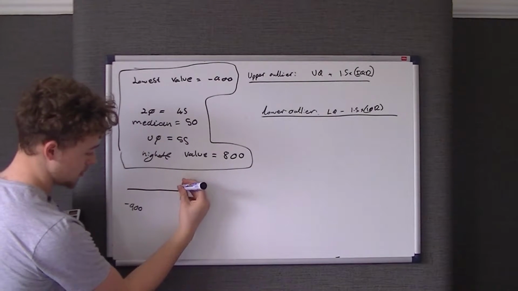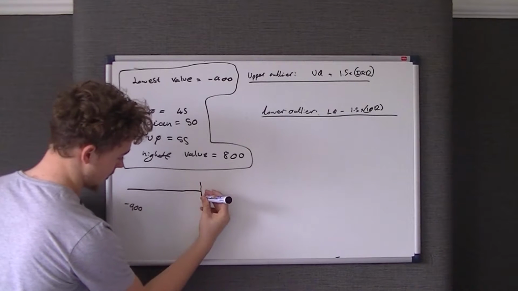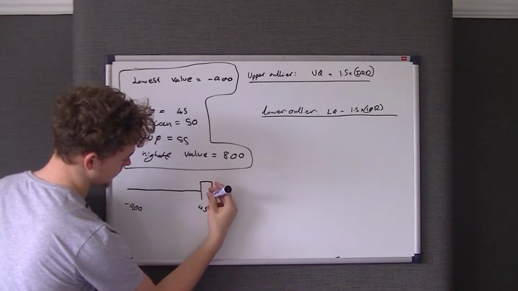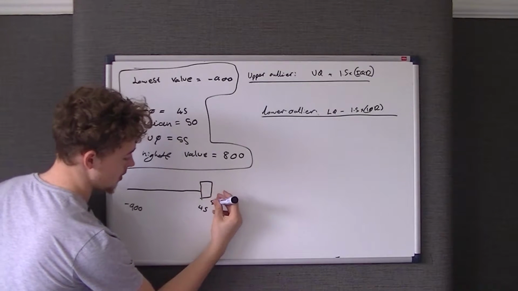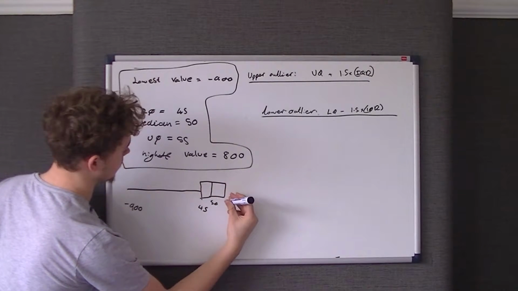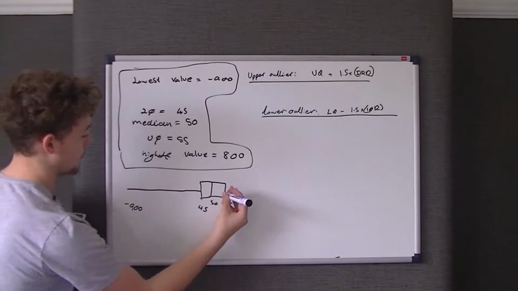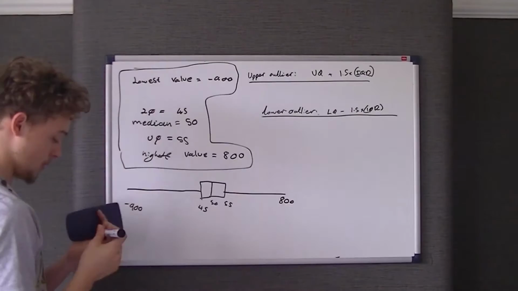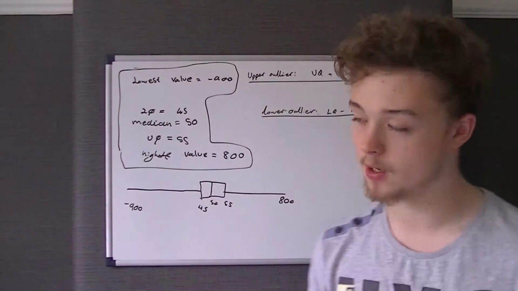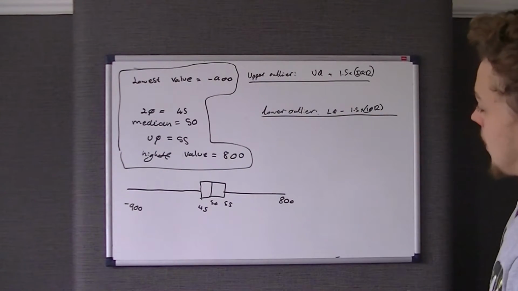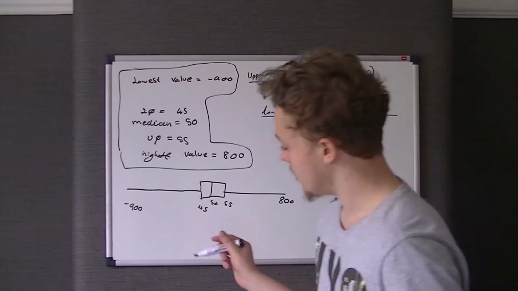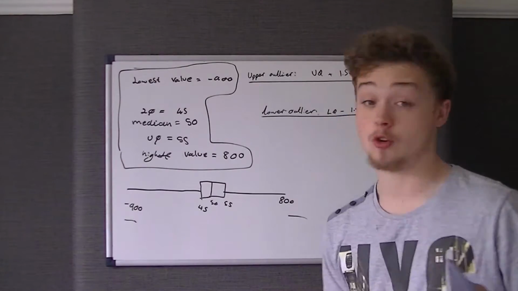The lower quartile somewhere right over there, and that's at 45. The median is 50, and the upper quartile is 55, and the maximum value is all the way over here at 800. Now there's one thing, actually no, I'll bring it up later. So let's just check if there's any outliers, as we think the minus 900 and 800 look a bit weird.